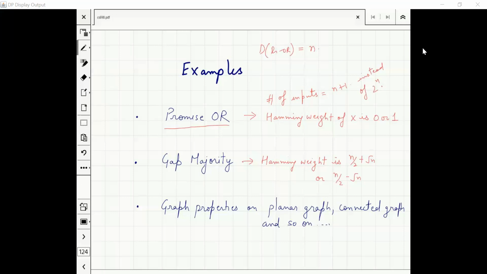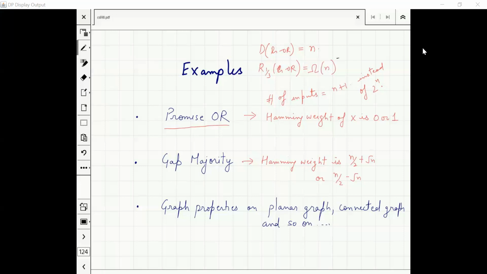And similarly, this is true for randomized complexity. I don't have to take the general problem OR. Even for the simple problem of promise OR, which obviously seems simpler than the entire OR problem, where we only care that Hamming weight of X is 0 or 1, any randomized query algorithm is going to take omega n queries.